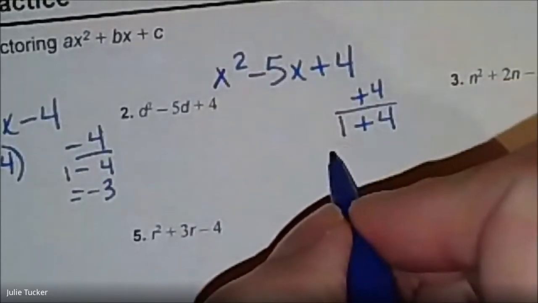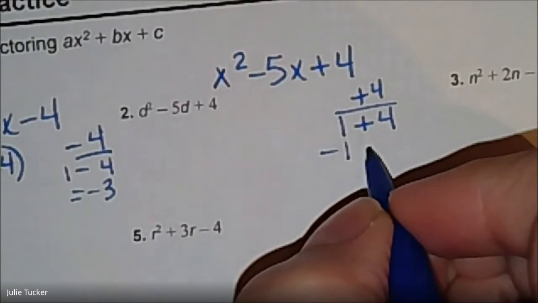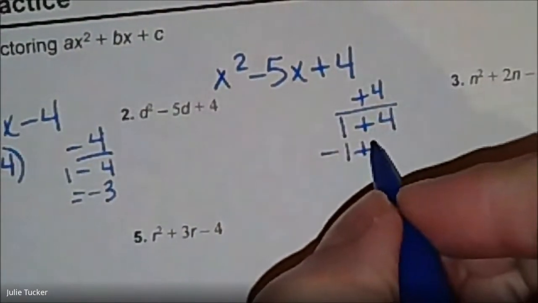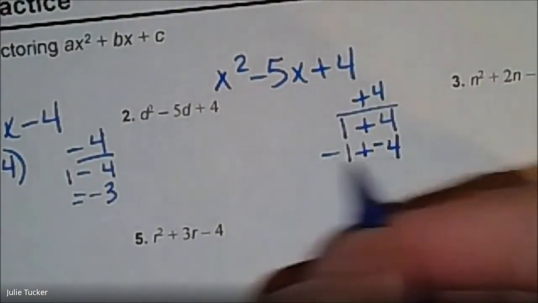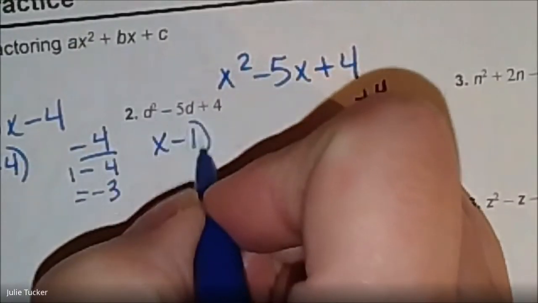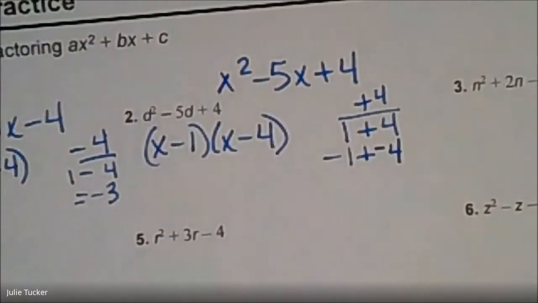Good. So if I do -1 plus +4, I won't get it. What do I have to do? Negative 1 plus -4, right? And then both of them have to be negative to get a -5. X minus 1, x minus 4. There you go. Right?